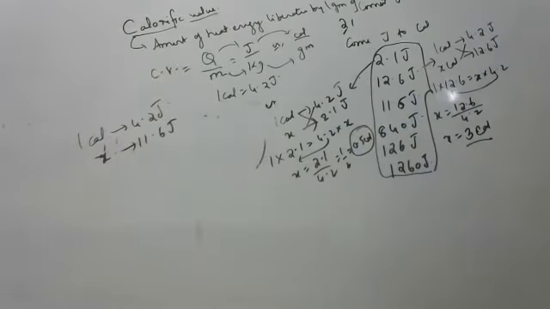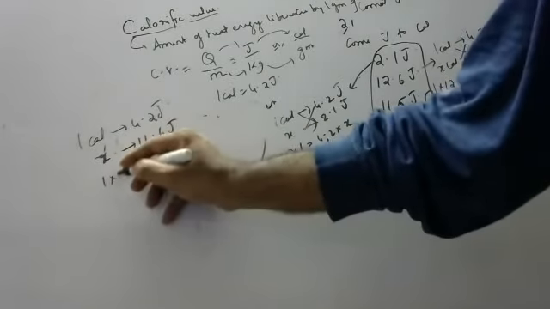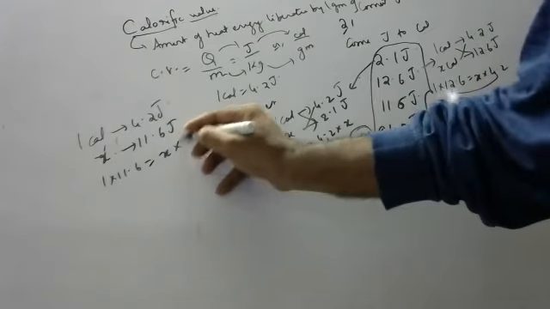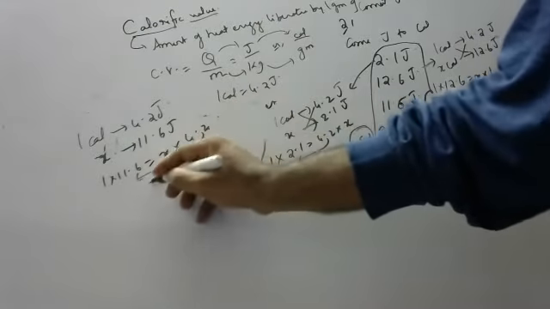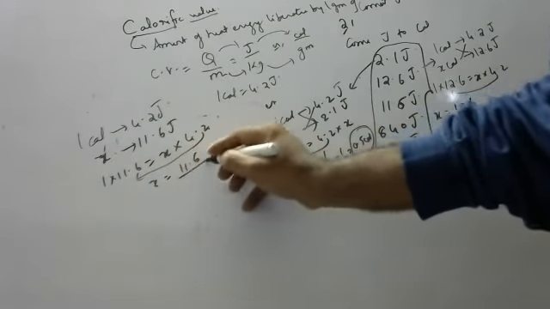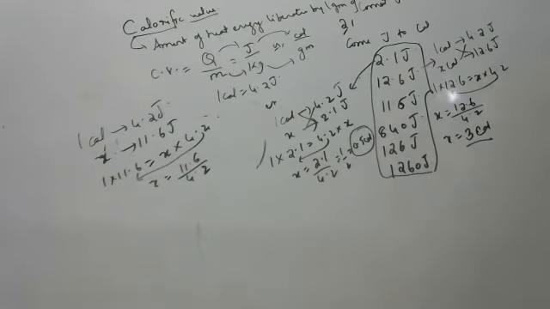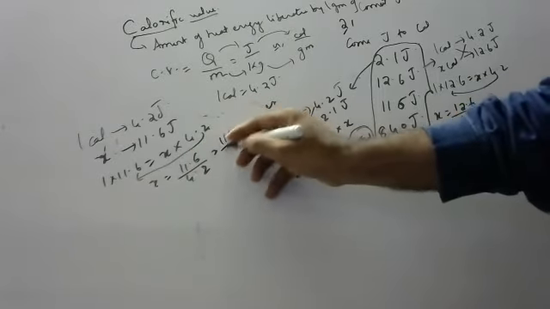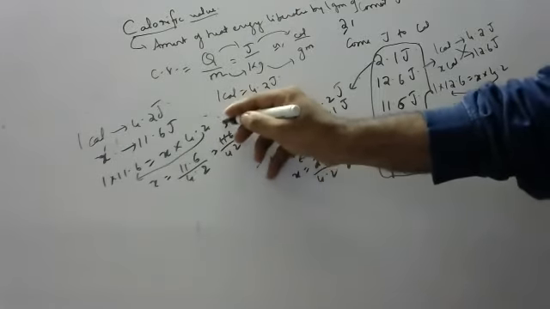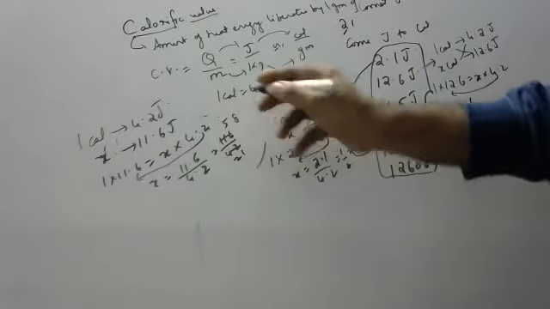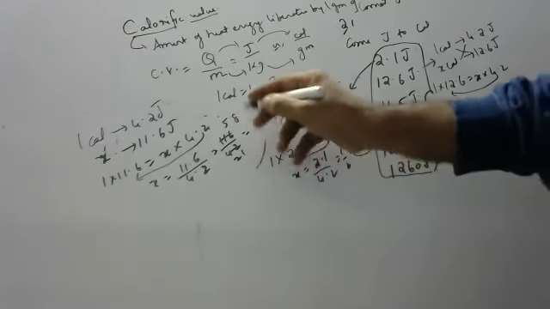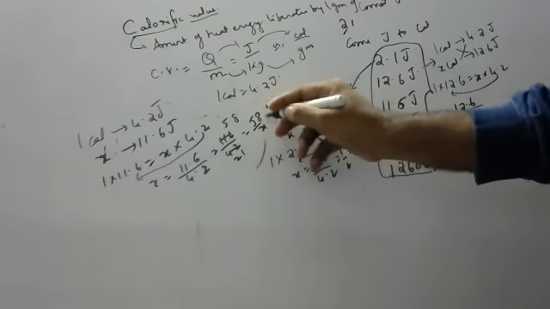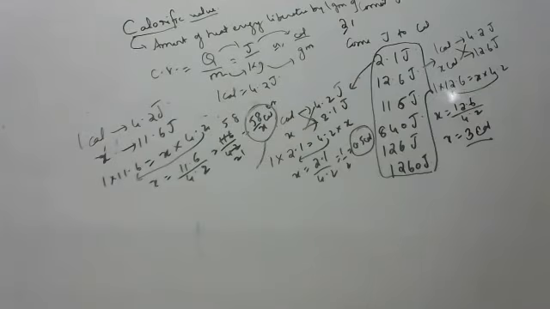Tell cross multiplication. 1 into 11.6 is equal to x into 4.2. x is equal to... the point will go, 116 by 42. Leave it like that only. 58 by 21 calories.